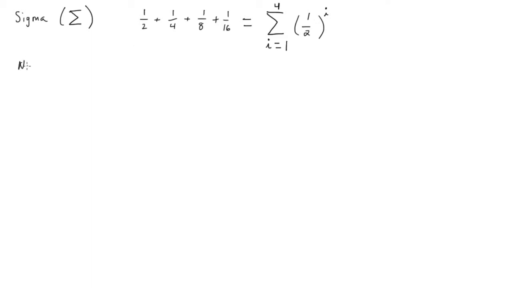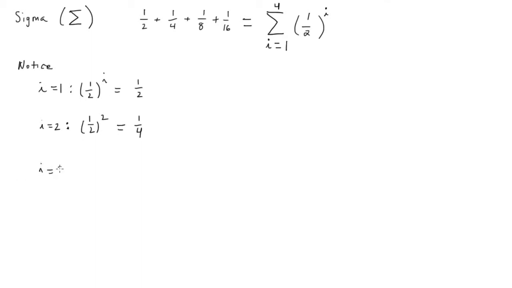So notice that if we have I equaling 1, then 1/2 to the I equals 1/2. I equals 2, we get 1/4, but that's really 1/2 squared. Okay, and then we're just going to keep doing this process.